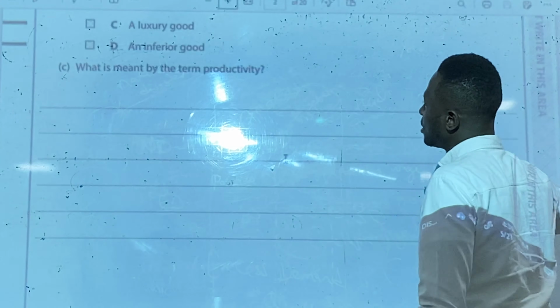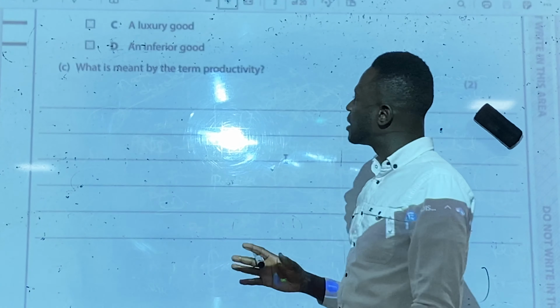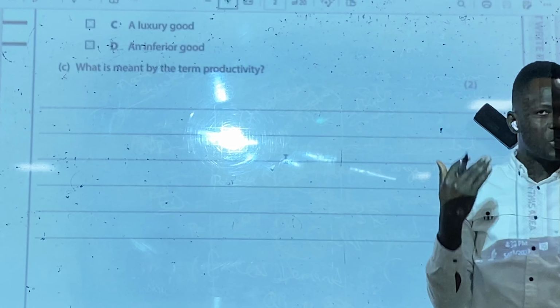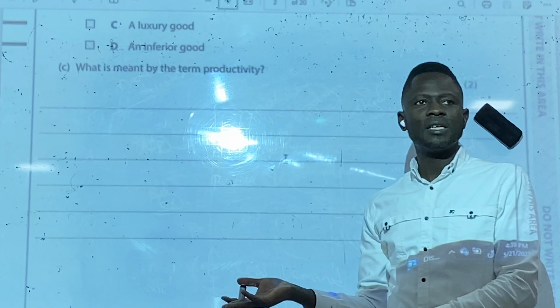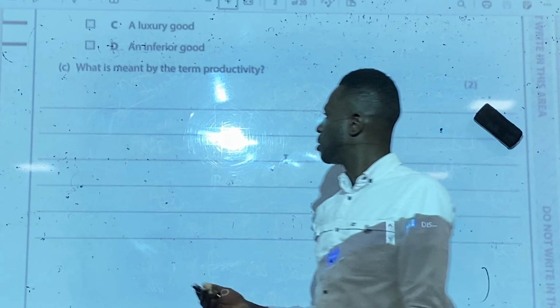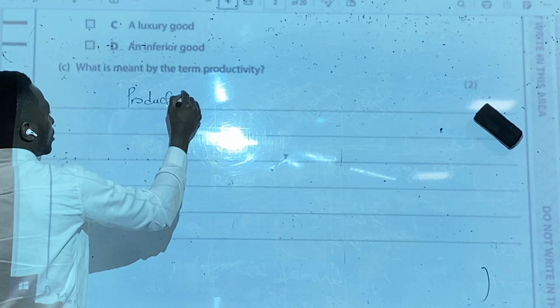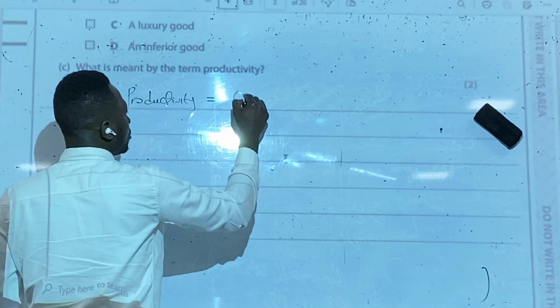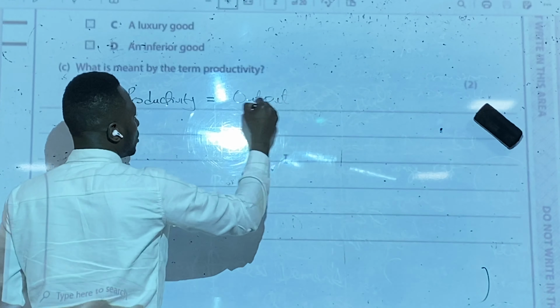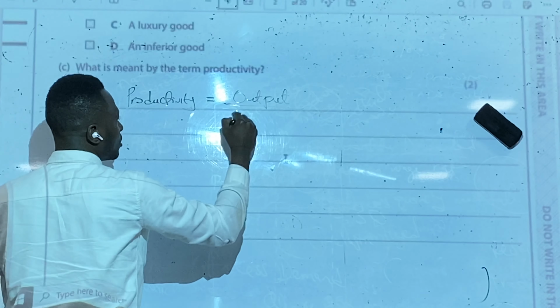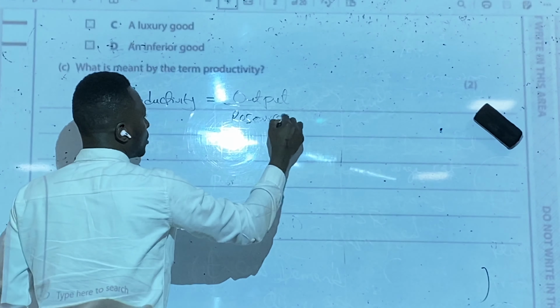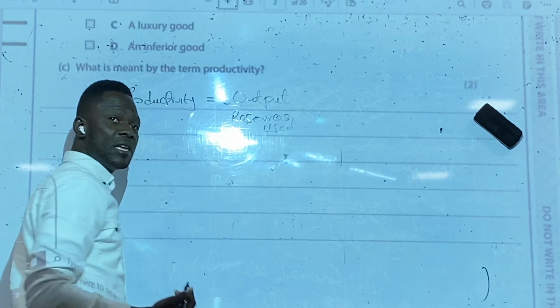So, what is meant by the term productivity? Productivity is output against the resources used. So productivity equals output divided by resources used. So the number of output produced divided by inputs.